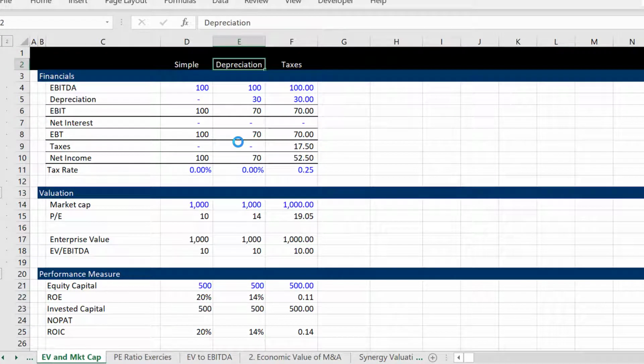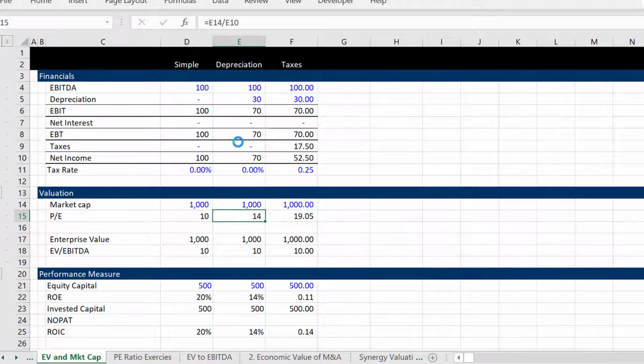That's the point. Now, when you add some depreciation and some capital expenditures, suddenly everything changes. Now our EBIT is different than our EBITDA. And when our EBIT is different, we have no taxes, no interest, that same market cap is the same as the enterprise value, but the PE ratio is different because we have less income.